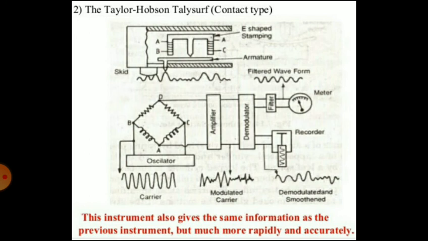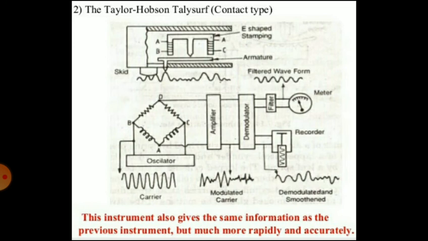In this instrument, the stylus is attached to an armature. So you can see the stylus is attached to the armature which pivots about the center piece of an E-shaped stamping.